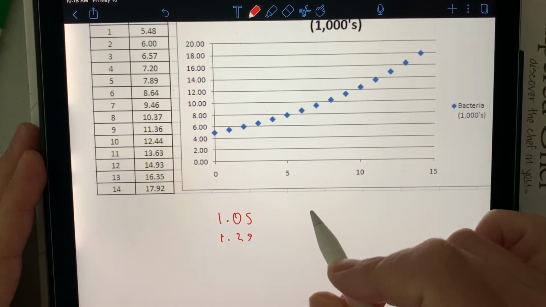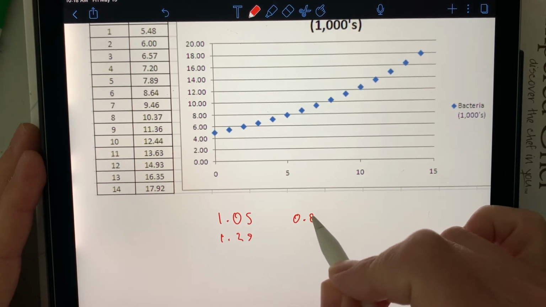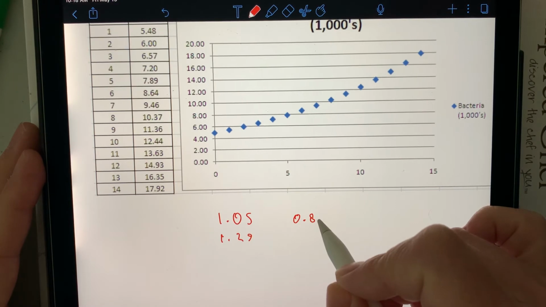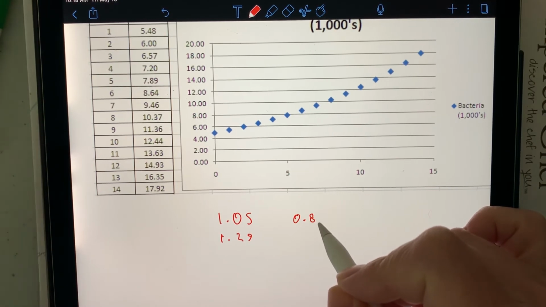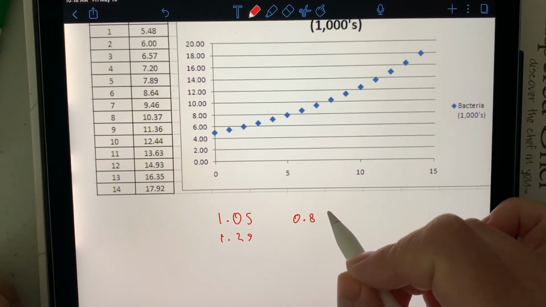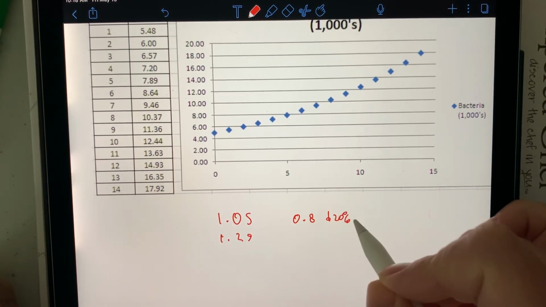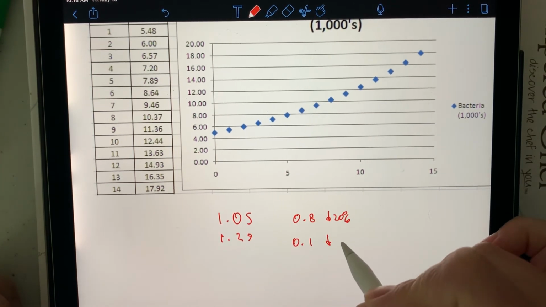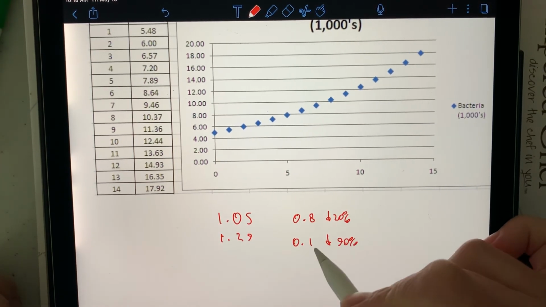But what happens when it goes the other way around? If it's 0.8, that number is 80%, which means the drop is 20%, because I started at 100 and went down to 80. If it says 0.1, that's a drop of 90%, because I went from 100% to 10%.